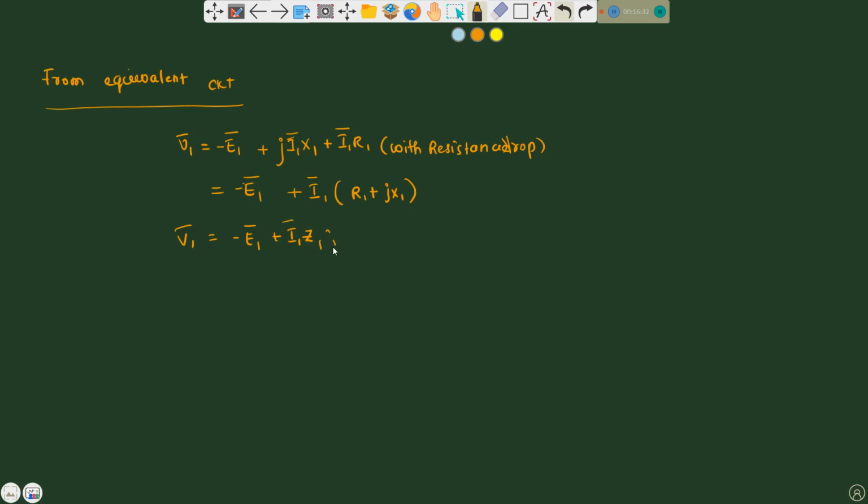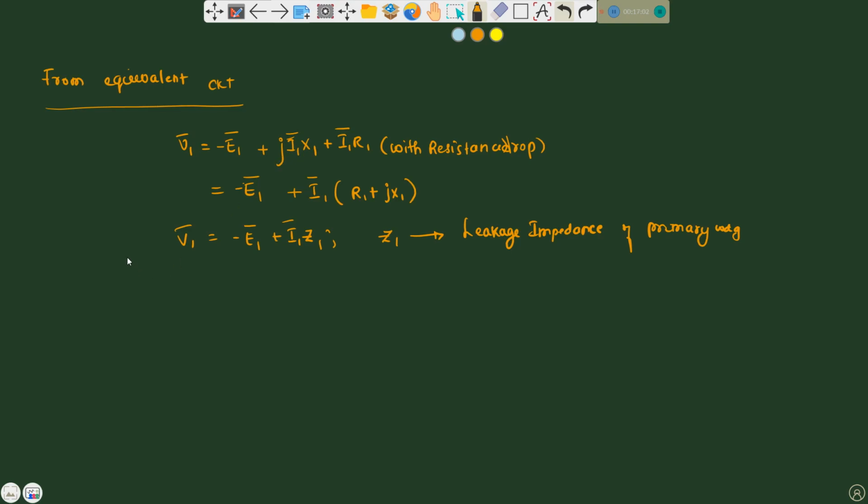Here Z1 is the leakage impedance of the primary winding, because it is a function of leakage reactance.